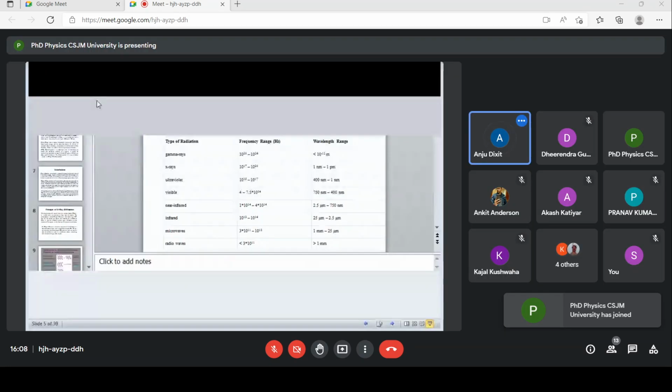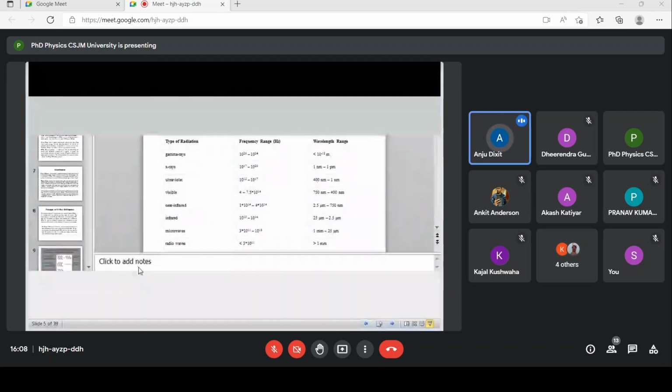Moving forward, I am going to talk about the radiations which are present in the electromagnetic spectrum. There are basically radio waves, microwaves, infrared, near infrared, visible, ultraviolet, X-rays and gamma rays. In this table, the frequency range and wavelength range for these radiations are given.